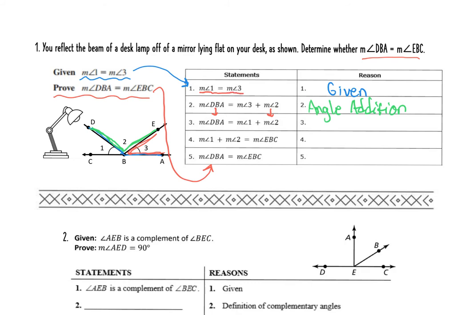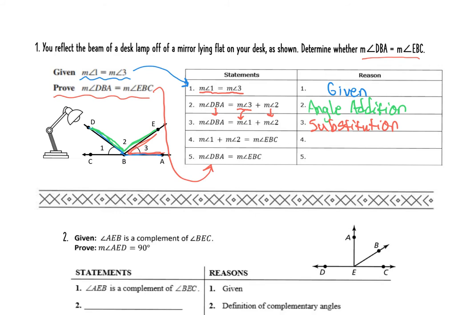We've already declared that the measure of angle 1 is equal to the measure of angle 3, which means anywhere we see the measure of angle 3, we can replace it with the measure of angle 1. Replacement is another word for substitution. So we use the substitution property here.